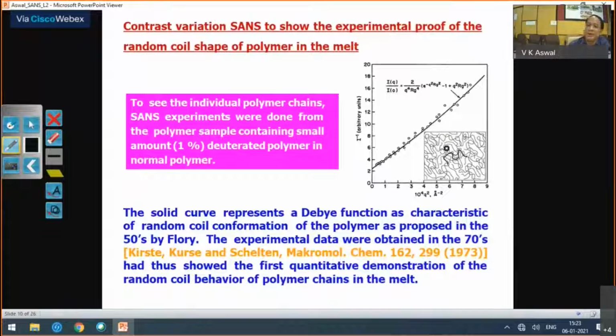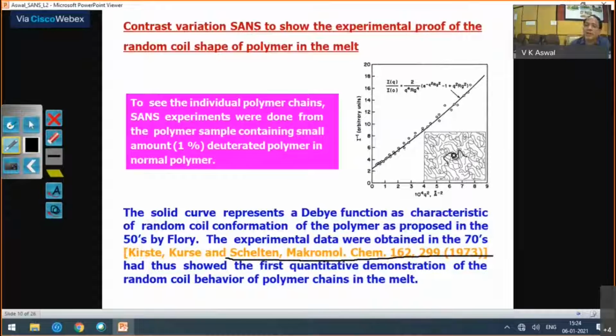But the experimental verification of this conformation only came when small angle neutron scattering was made available. So you can see this technique came in the beginning of the 70s. This was one of the first works to look at the conformation of polymer in the polymer melt. So basically what you do is you have a hydrogenous polymer melt, and just mix the same polymer in a small amount, let's say 1 weight percent, and mix it homogeneously.